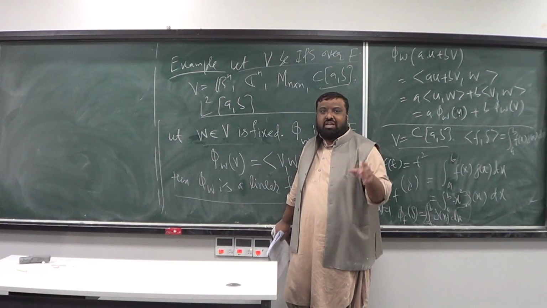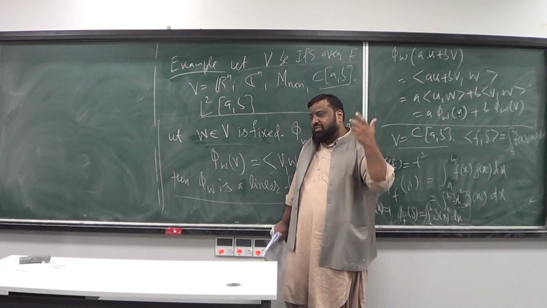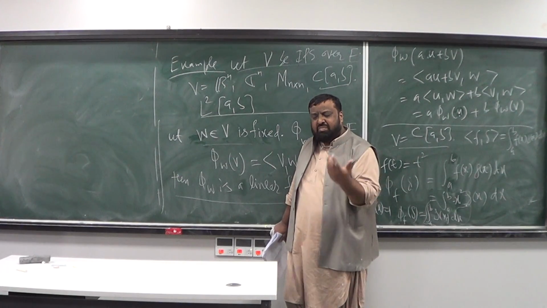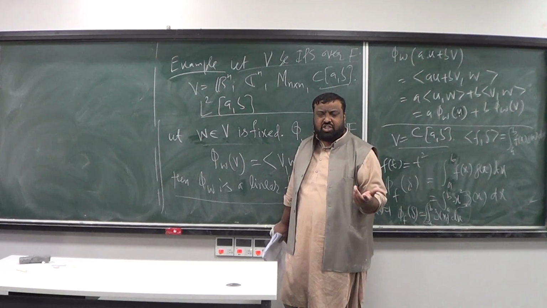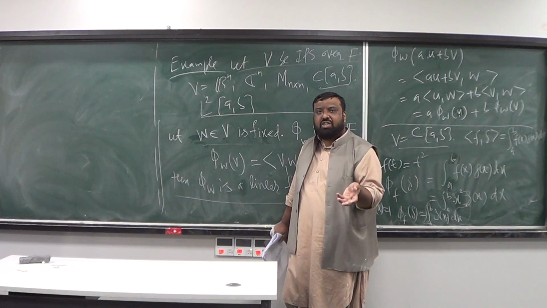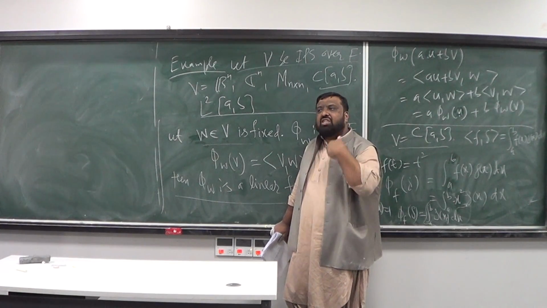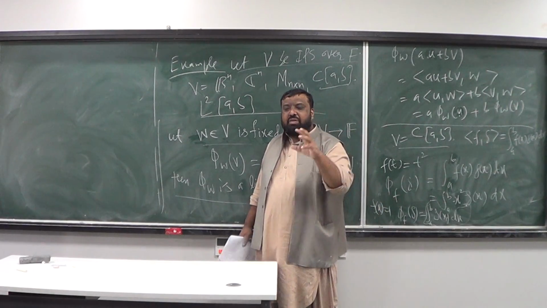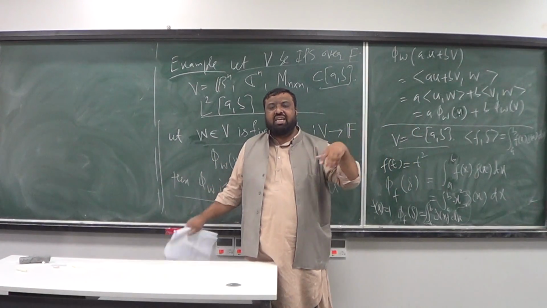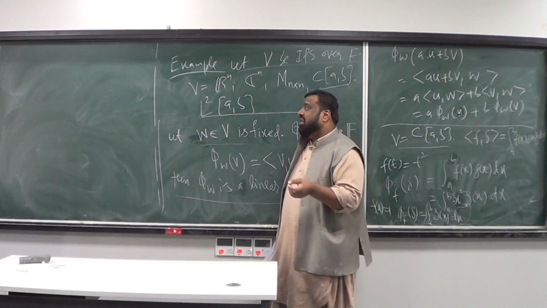For example, you take a function from some space, for example the C1 class, by which I mean the space of differentiable functions, and evaluate the derivative of a differentiable function at some point. Obviously it's going to spit out a number. So it's a map from the space of differentiable functions into the numbers, and hence differentiation at a point is also an example of a linear functional.